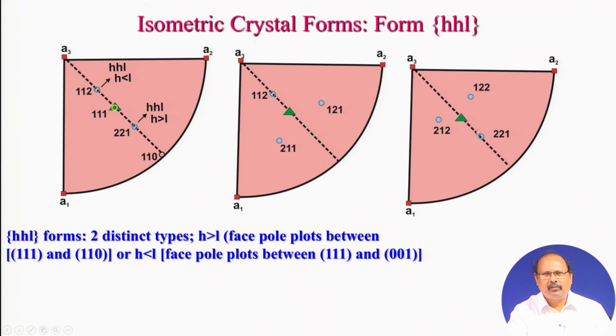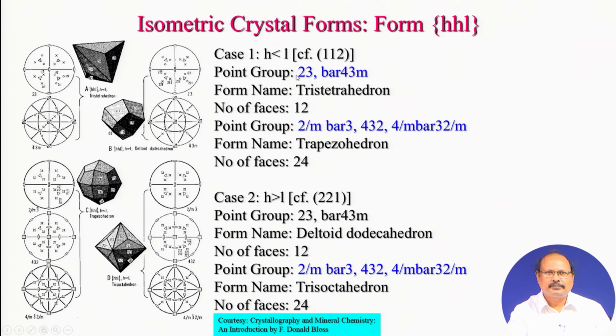Whereas, if you start with 2 2 1, the triad will act upon it, and after 120 degree rotation it will produce 1 2 2 and this 2 1 2 face. So, these two fundamental types of motifs, with a starting motif 1 1 2 or 2 2 1, can now be acted upon by the 5 point groups of symmetry in the isometric system, and let us see what happens.